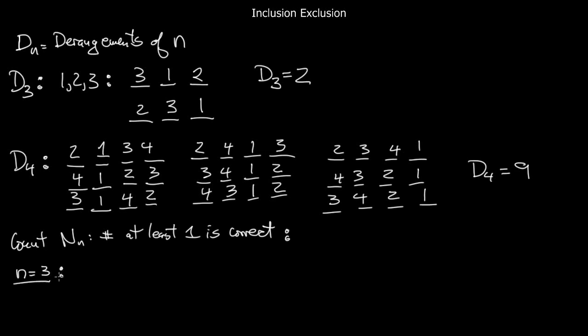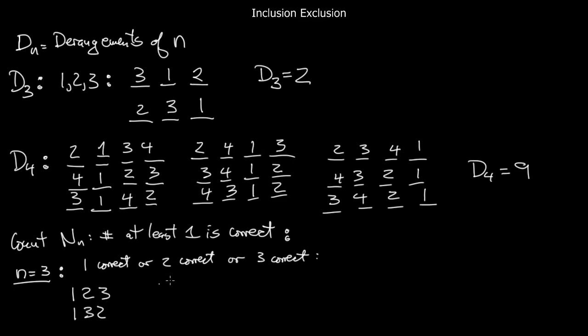So for example, when n is equal to 3, how do you count that? Well, 1 could be correct, or 2 could be correct, or 3 could be correct. So I have to count each of these. Well, how many ways can 1 be correct?